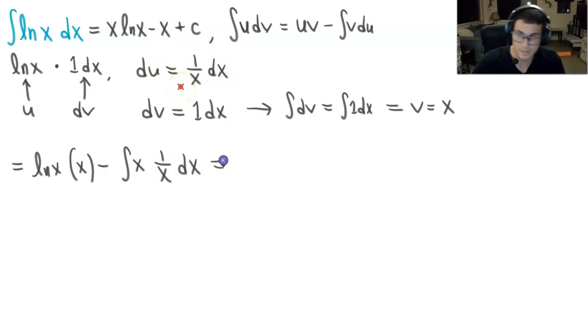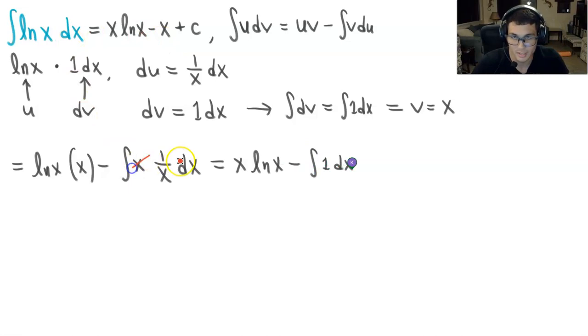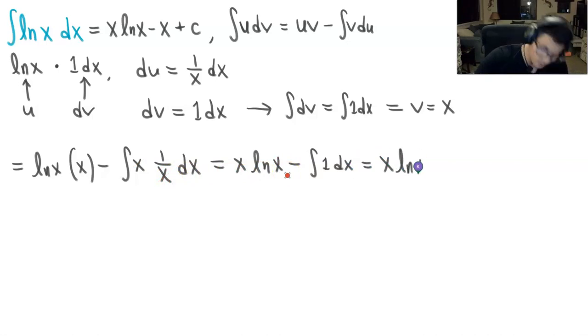Now if I put this x in the front, to make it look nicer, this is going to be x ln x minus the integral of 1 dx. As you can see, these x's go away, right? Thus, all we have is x ln x minus x plus some arbitrary constant c.